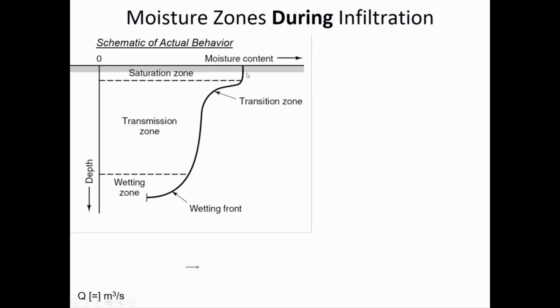At the surface, the voids are completely saturated because we assume that there's a little bit of ponding at the surface. The water is distributed into the soil grains completely, and so this curve of moisture content goes from fully saturated, and then there's this transition zone that's a lot like the capillary fringe.